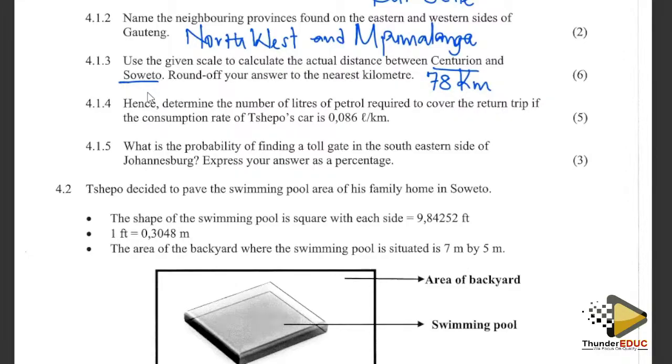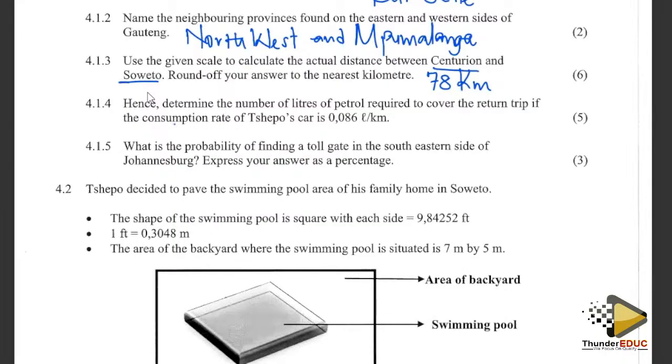Hence, basing on 4.1.3, use this to determine this. Now they say, hence determine the number of liters of petrol required to cover a return trip if the consumption rate of Tsepo's car is 0.086 liter per kilometer. You see that?